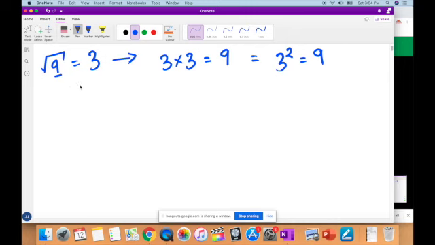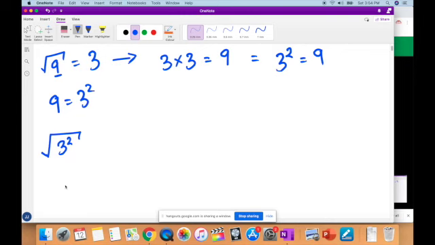This 9 is 3 squared, and so therefore 9 is equal to 3 squared. So instead of having the square root of 9, I could have the square root of 3 squared.